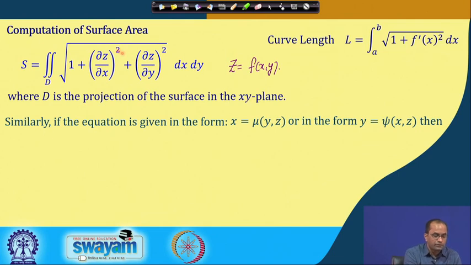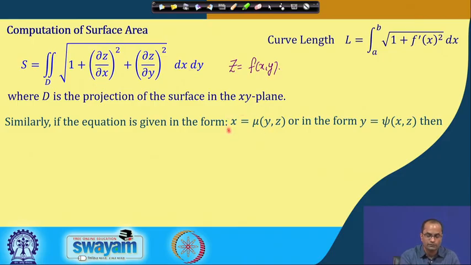And similarly, because this equation we have formulated when the function was given as z is equal to a function of x y, we should note that the partial derivatives were taken with respect to x and y, which was natural. For instance, if the function is given like x is equal to mu of y z, or y is equal to psi of x z, in that case the formula will change obviously.